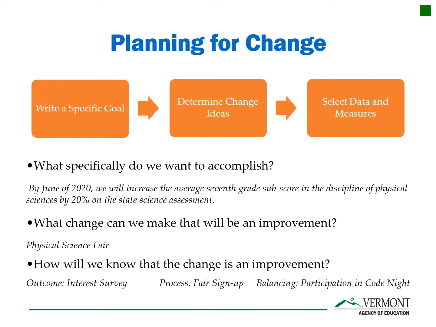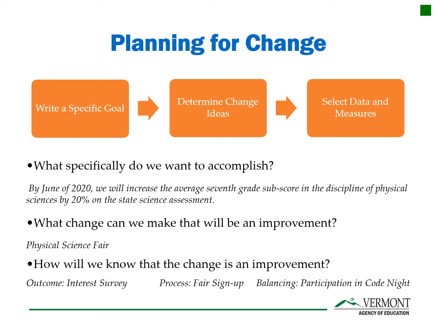A process measure is a measure of how well you've implemented your change idea. This can serve to drive decision-making before outcomes data is available. In this case, the number of students who sign up to participate is a good indicator of implementation and can serve to predict your outcome. If no one signs up, chances are that it won't support your desired outcome of increased interest.